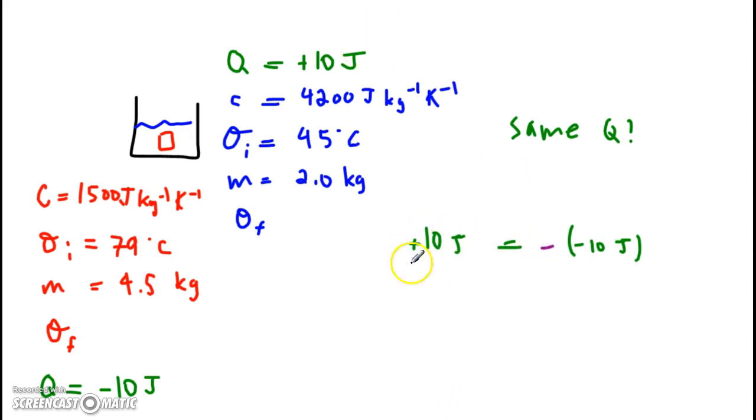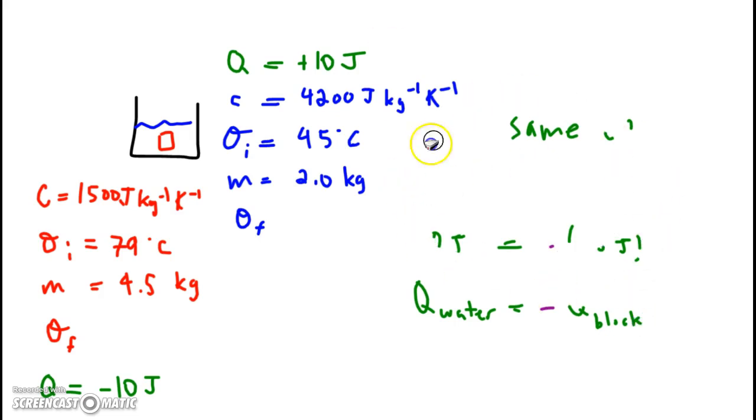Now, instead of positive 10, I can say the heat transferred to the water is equal to negative the heat that is given off from the block. That equation is our starting point for this problem.